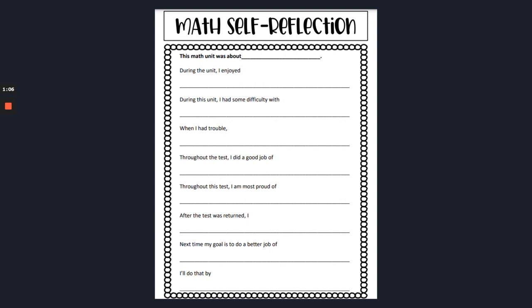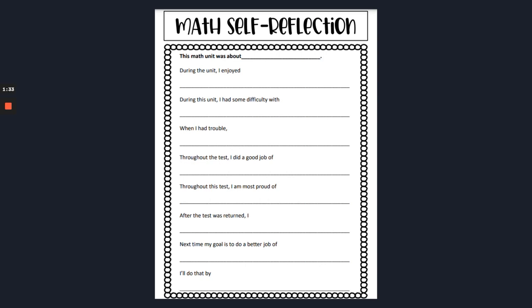After taking the pre-test and post-test, the students were given a math self-reflection. The self-reflection looked at what students learned throughout the unit, asked them about things they had difficulty with, what they did when they had trouble, something they were proud of, what they did after their test was returned to them, as well as goals moving forward.